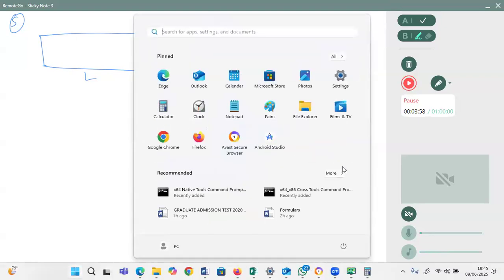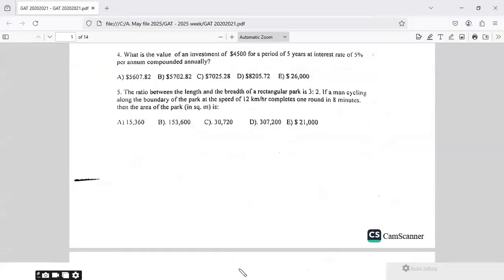Now we go back to our question. The question is asking what is the length, what is the width? Listen, the ratio between the length and the breadth is 3:2. What does it imply? It means that the length is 3 times, the width is twice.